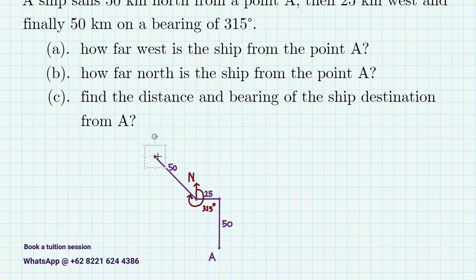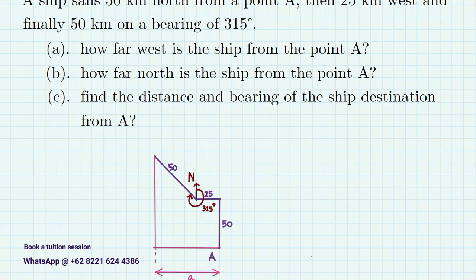So I'm going to draw a vertical line from the last point, and I'm also going to draw a horizontal line from the horizontal distance of that point to A. For part A, how far west basically is just going to be this length.